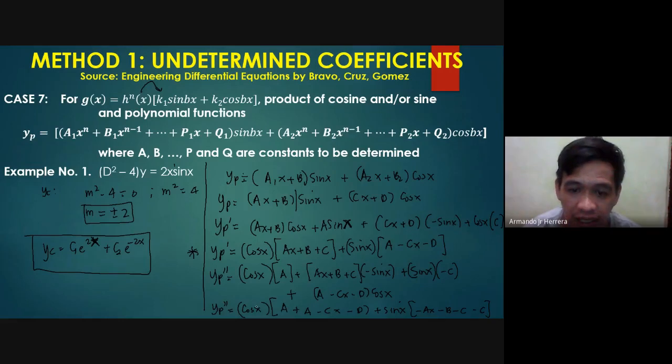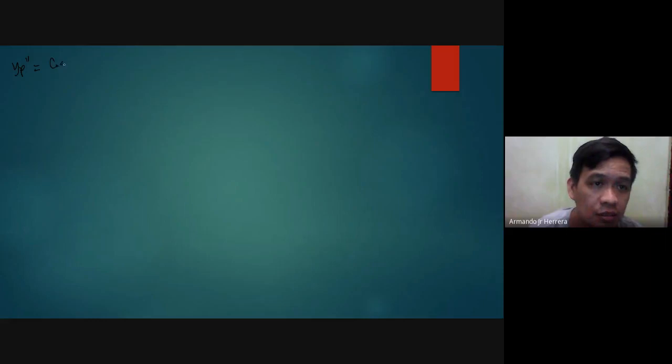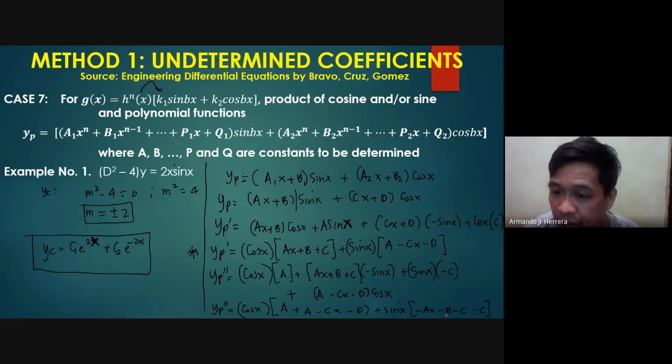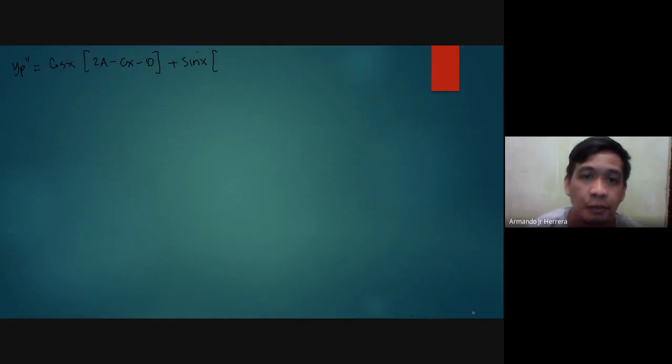Yp double prime is now equal to cosine x times 2a minus cx minus d, plus sine x times negative ax minus b minus 2c. Negative ax minus b minus twice of c. So that's our yp double prime.